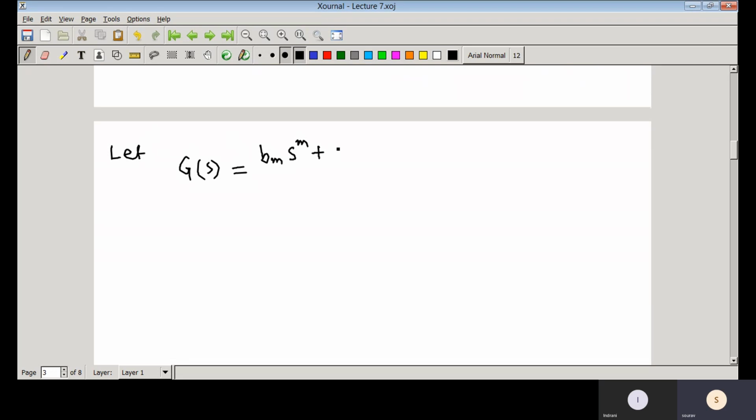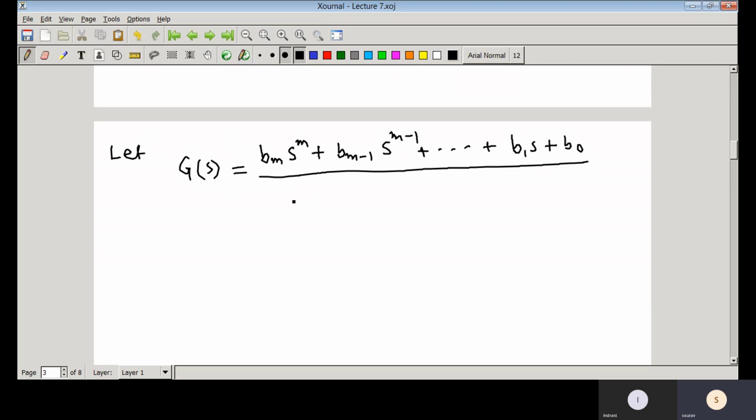So here s is the Laplace variable, and all the coefficients b_m, b_(m-1), and so on, are real. This is in the numerator, and in the denominator we have another polynomial.